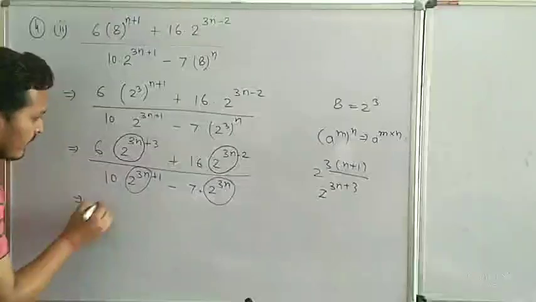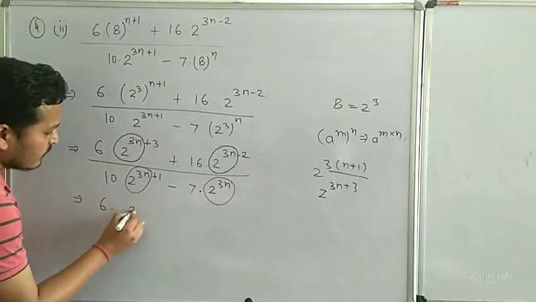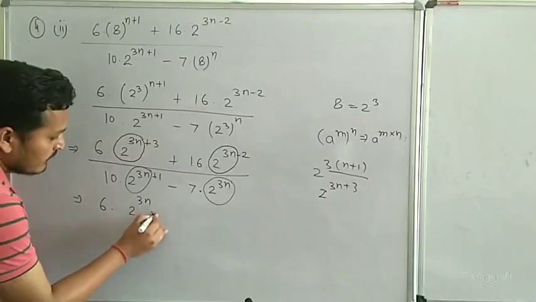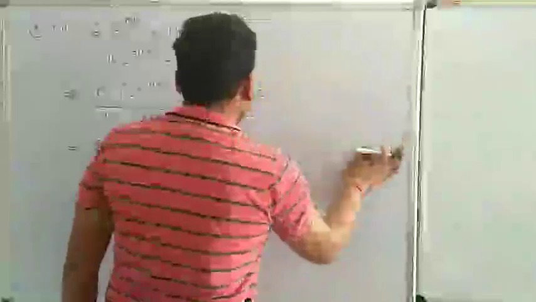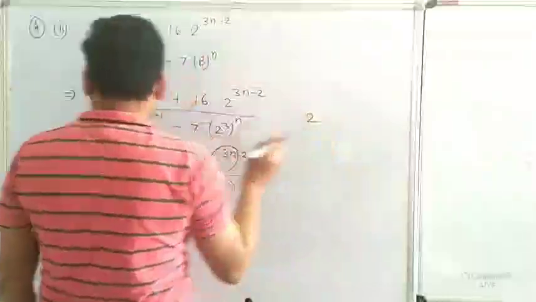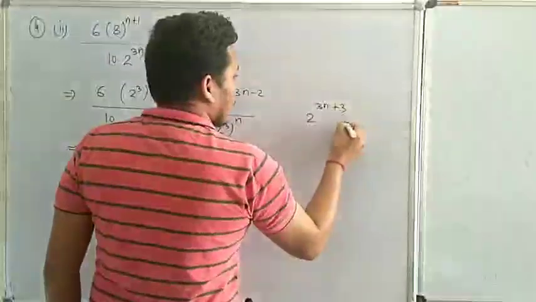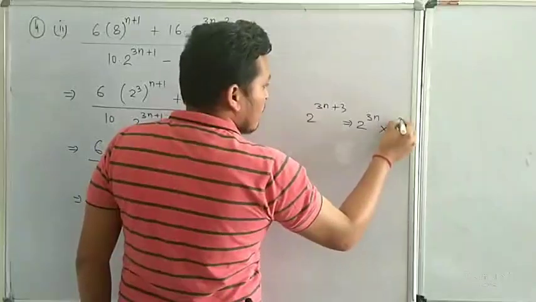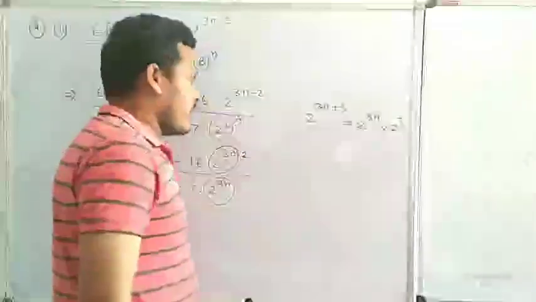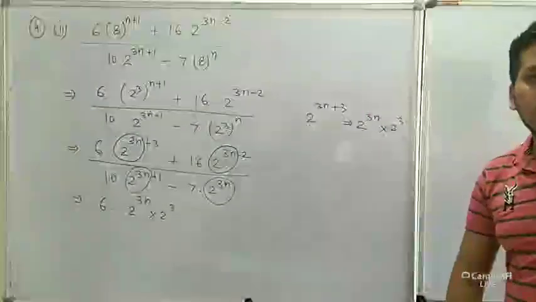So break this 2 to the power 3n. So 6 into this part we can write as 2 to the power 3n into 2 to the power 3. In the last lecture I already explained this thing. For example, again I am explaining here: 2 to the power 3n plus 3, we can write as 2 to the power 3n into 2 to the power 3.